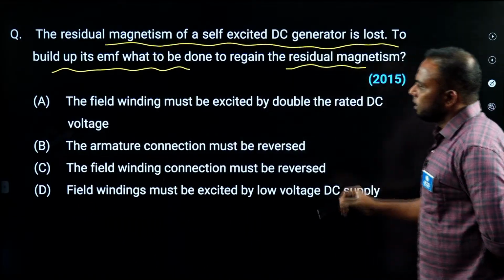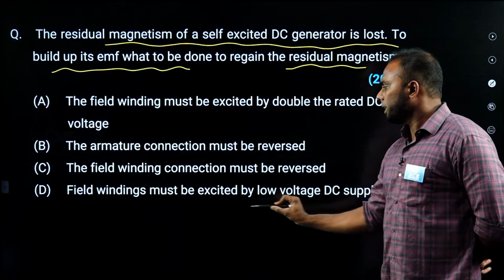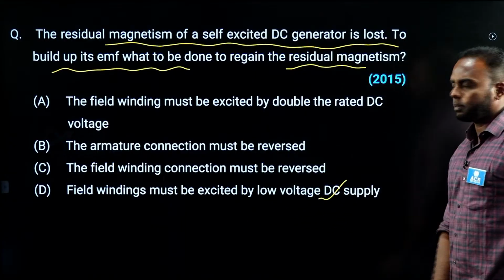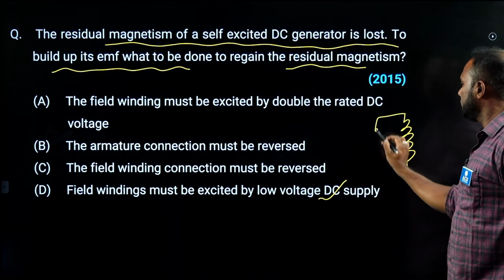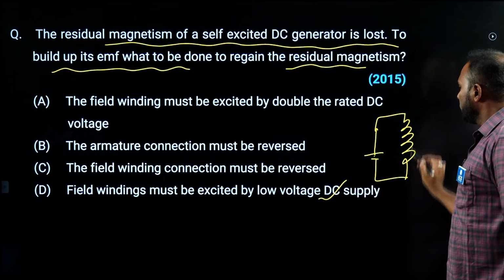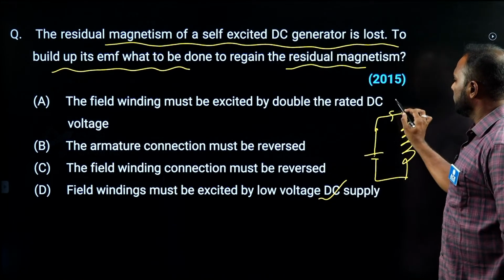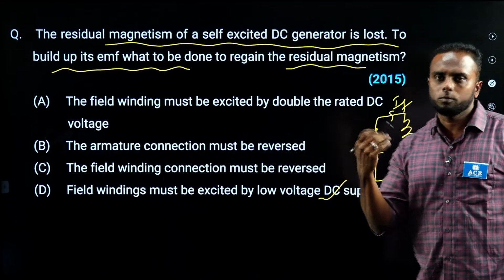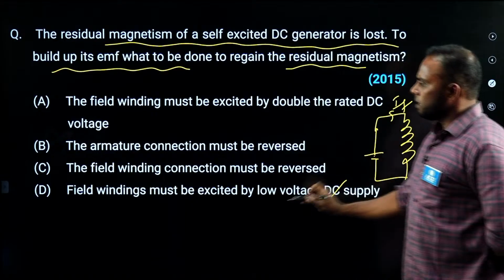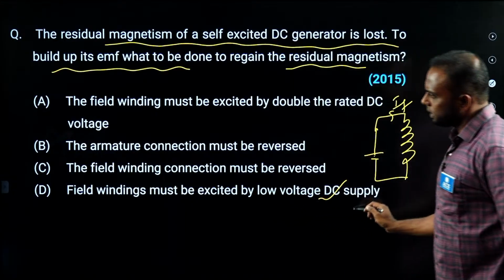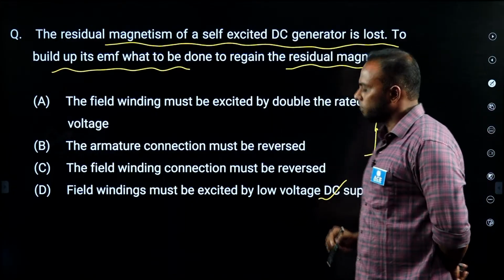What is that? The field winding must be excited by a low voltage DC supply. So only the field winding we will excite with a low voltage DC supply for some time. Once you excite it, field current will flow here, and after some time you remove that supply, and the residual flux will be reproduced. So the answer is D.